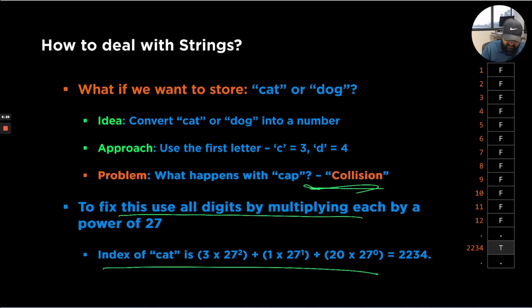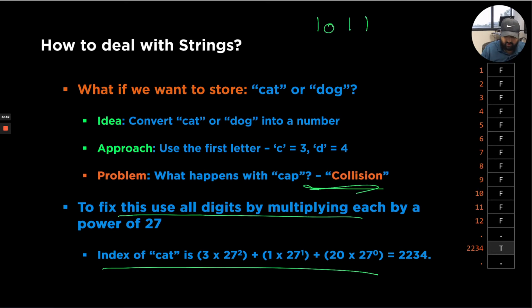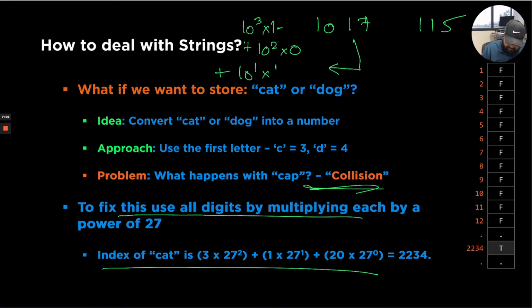Let's say we have numbers, like 1017, in the decimal system. We represent numbers in the form of powers of 10. If we have 1017, we have 10 to the power 3 multiplied by 1, plus 10 to the power 2 multiplied by 0, plus 10 to the power 1 multiplied by 1, plus 10 to the power 0 multiplied by 7.